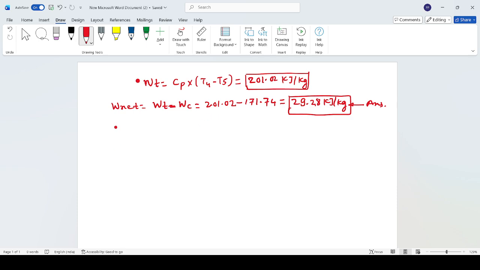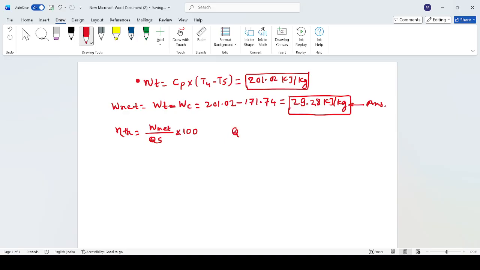Similarly, we have to determine the thermal efficiency of the cycle, the second unknown. The thermal efficiency is the ratio of the net work divided by the heat supplied, multiplied by 100 to get the efficiency in percentage. W net divided by QS, the heat supplied.